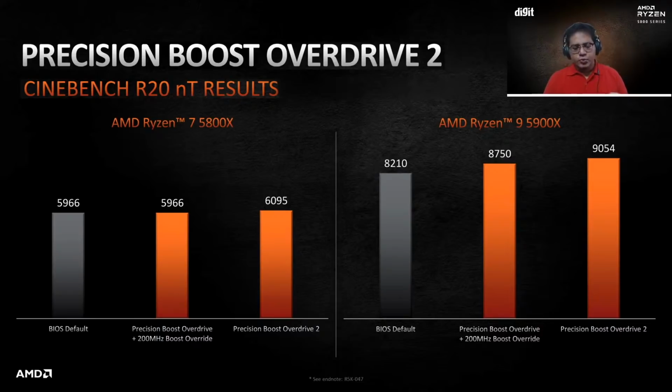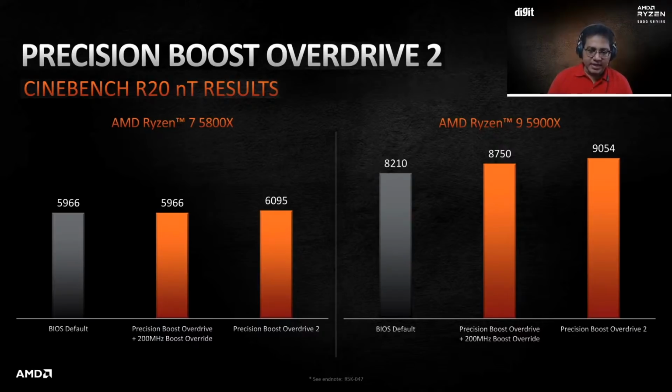And then we have the third graph in both processors, which is with PBO2 activated. And we now see gains in both processors. In 5800X, the score goes up to 6095. This is Cinebench R20 multi-threaded benchmark. That compared to 5966 doesn't seem to be that much. And coming to the 5900X, we see the score jumping to 9054 points.